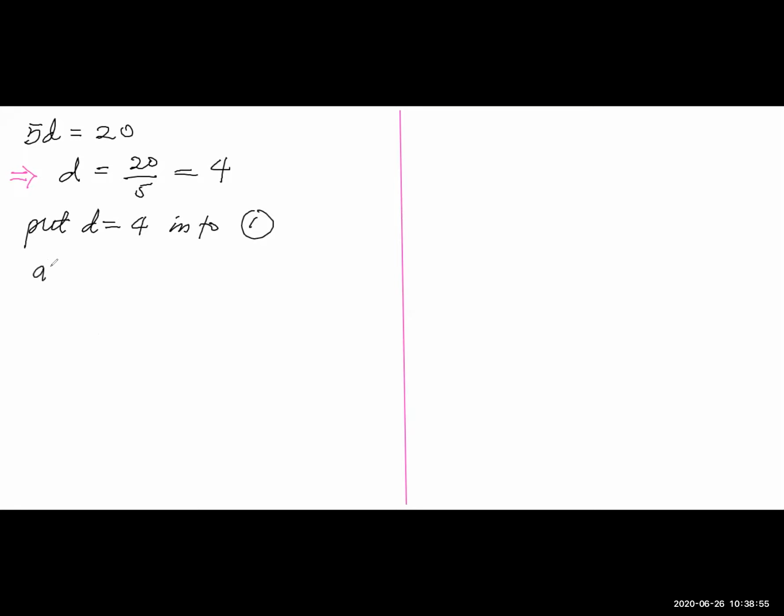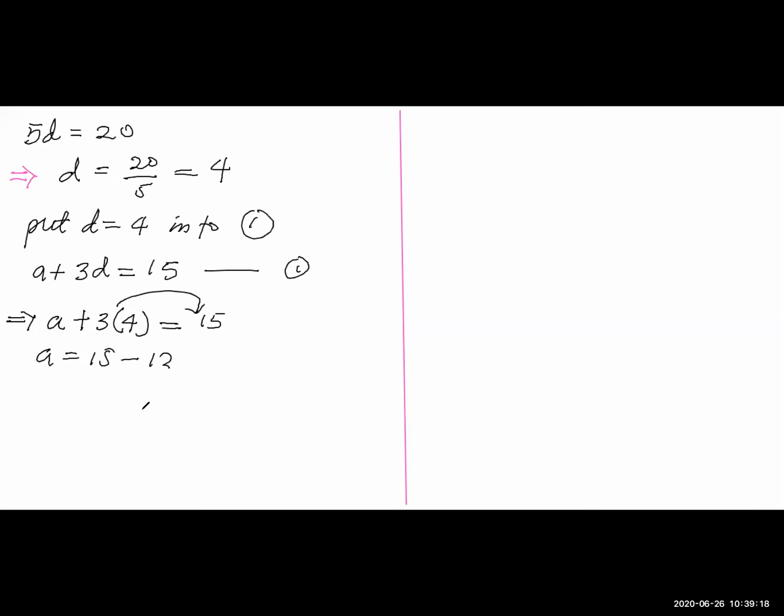That implies that A plus 3 multiplied by 4 equals 15. A is equal to 15 minus 12, if this goes to the other side of the equation. Therefore, our A is equal to 3. So now we have found A and D, which originally was impossible to find before we could find T15, the 15th term.